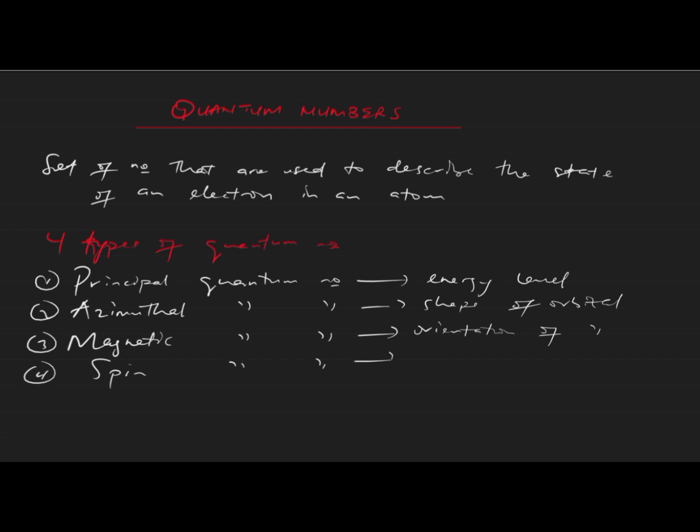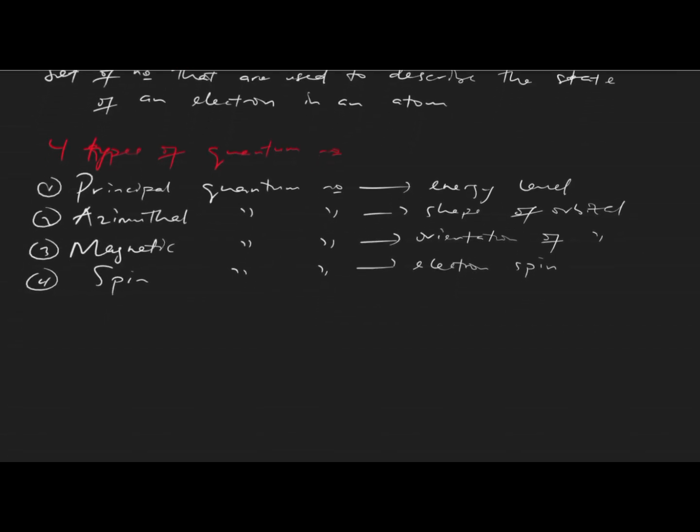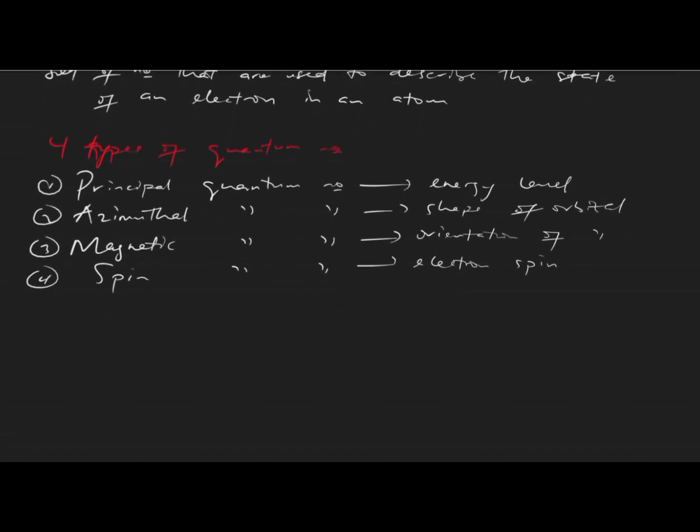And then lastly, the spin quantum number helps to determine the electron spin, that is the spin direction of the electron. So let's go into more detail on these four quantum numbers. We'll start with the first quantum number, which is the principal quantum number.